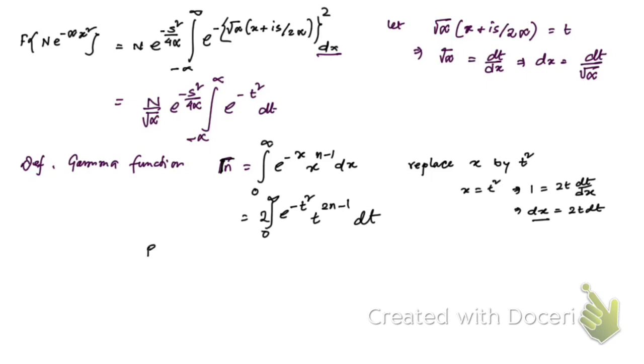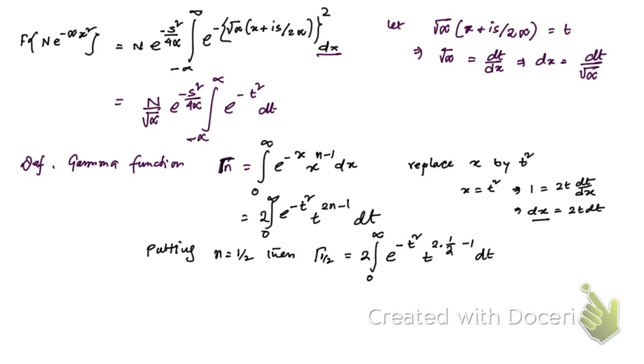if you put n is equal to half, then gamma function of half, we get 2 times the integration from 0 to infinity of e to the power minus t square, t to the power 2 into, instead of n we have put half here, minus 1, dt.